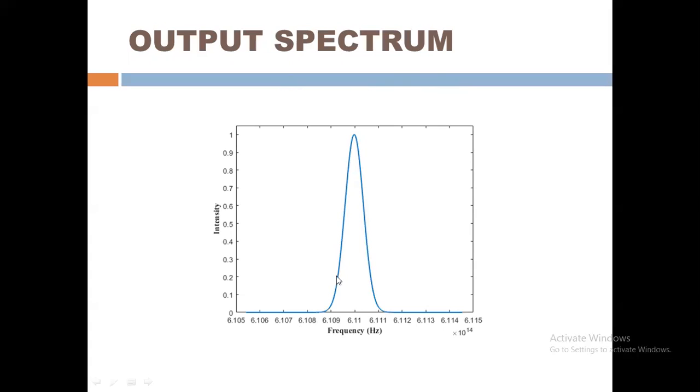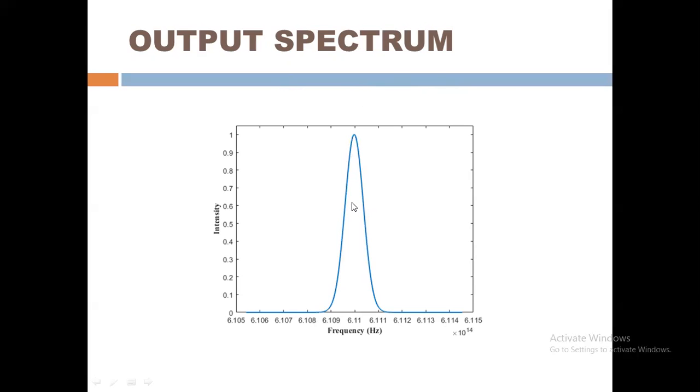This is the output spectrum of my laser, which provides the intensity versus frequency relationship. As I have stated earlier, the emission wavelength of my laser is 491 nanometer. At the frequency corresponding to the emission wavelength of 491 nanometer, the intensity is maximum.